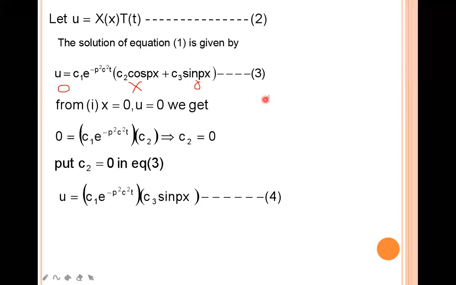Now use the second boundary condition, u equal to 0 at x equal to L. So put x equal to L, u equal to 0. So 0 equals c1 e raised to minus p square c square t into c3 sin pL.